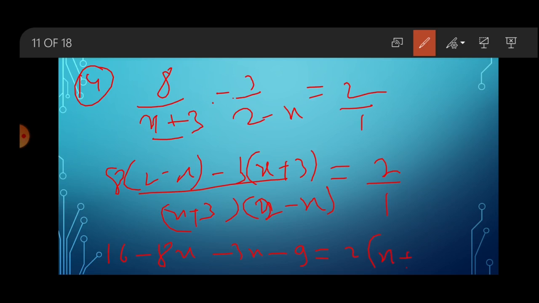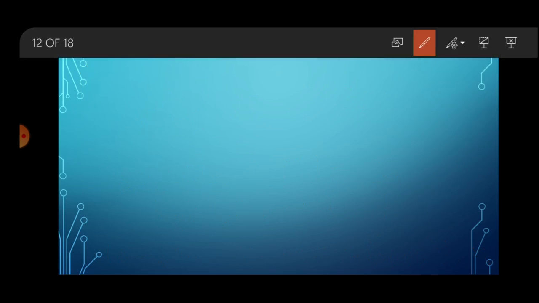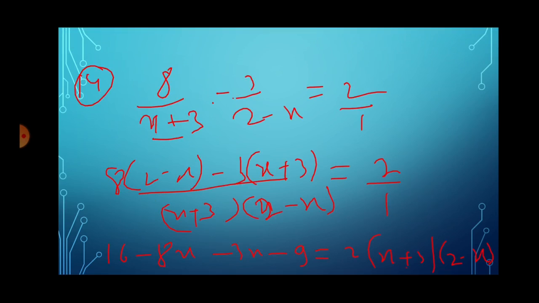We have x plus 3 and 2 minus x. So now we have 16 minus 9, it will result in 7, and minus 11x.